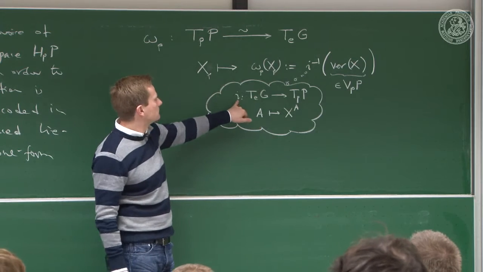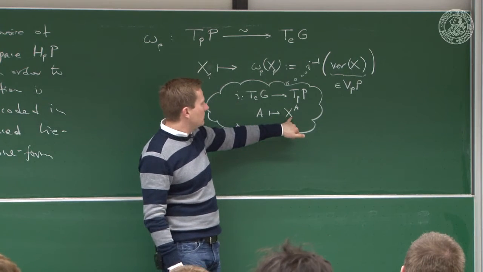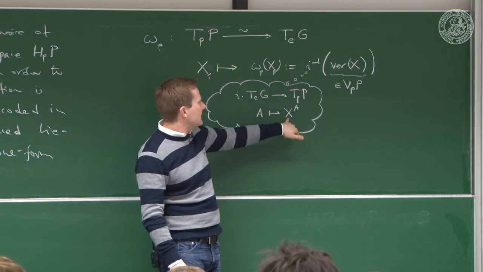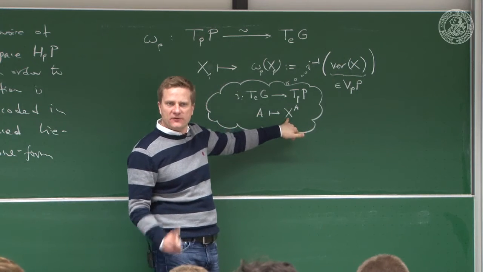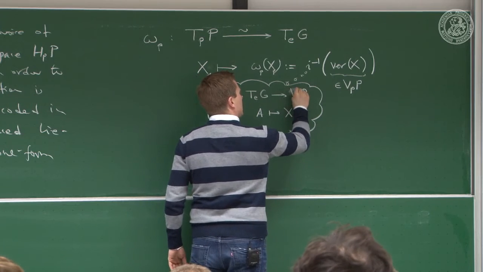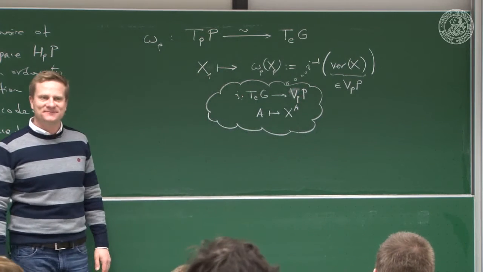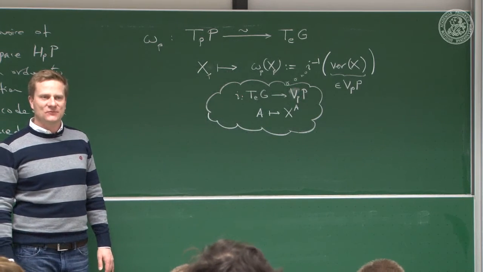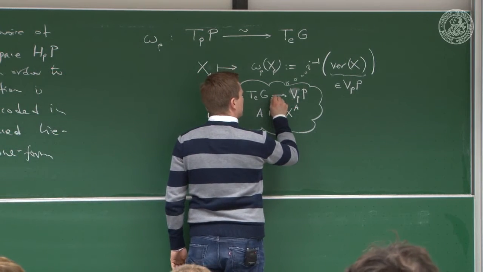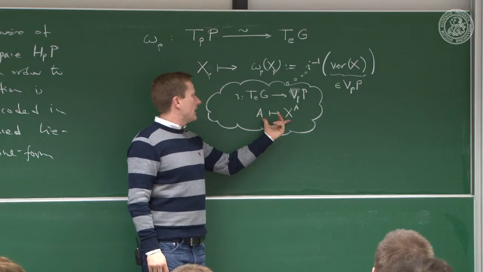That's the I. Now we know that because this A is taken into X_A, and this X_A is always a vertical vector field, as we showed in the beginning, the image of this map is only V_P P. And indeed, this is invertible. Essentially why?